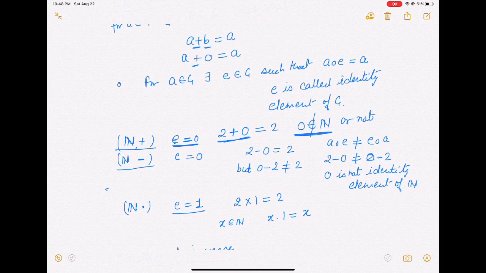Earlier when we wrote identity E equal to 0 here, we didn't look at whether 0 belongs to N or not. But you have to clearly see whether the element 0 belongs to N or not. Obviously not. So 0 is not the identity element in N, so the identity element does not exist in set N.